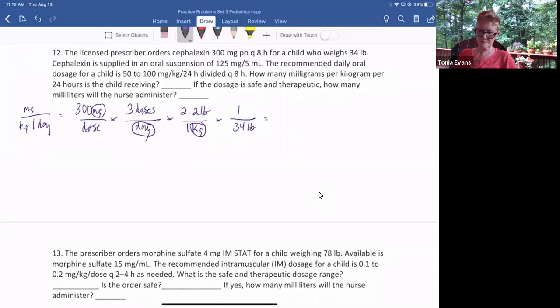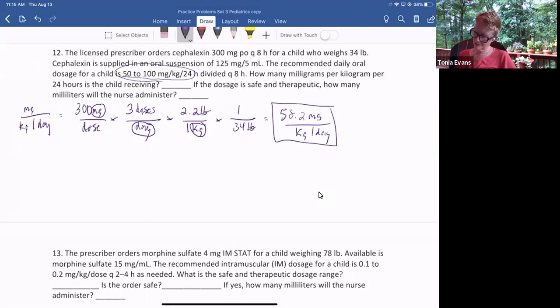Piece of cake this time around, right? 300 times 3 times 2.2 divided by 34 is 58.2 milligrams per kilogram per day. So this is what our kid is getting. Now, is that safe? Well, here's our safe range per day. So yeah, we're good. We're falling in that range.